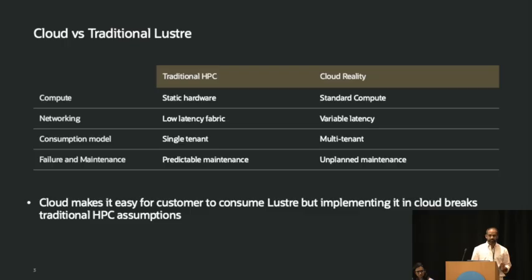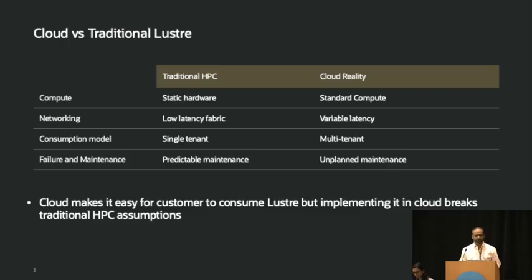The consumption model is also different. We have a multi-tenant concept in the cloud where multiple customers consume resources. This is not Lustre multi-tenancy. I'm talking about multiple customers consuming resources. It's a little bit different from the Lustre multi-tenancy that we covered in the previous presentation.